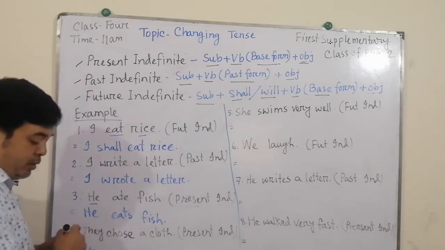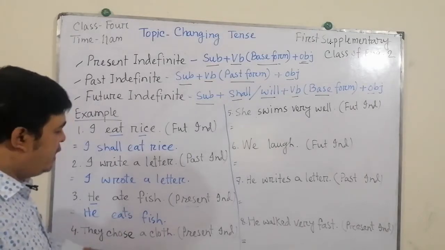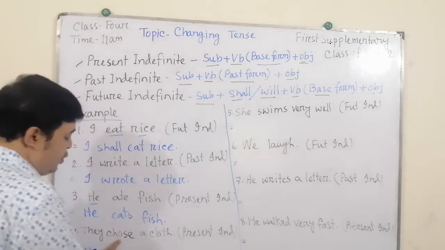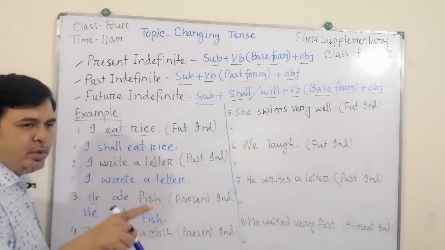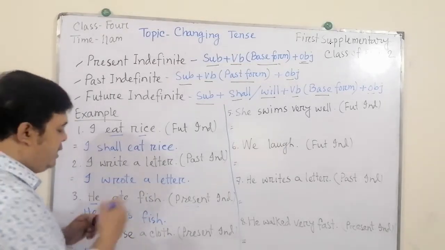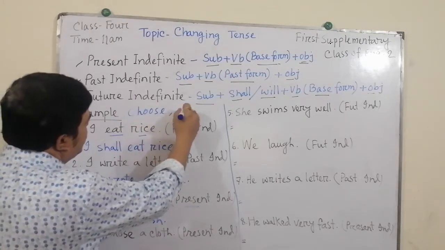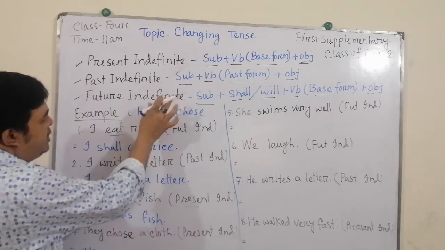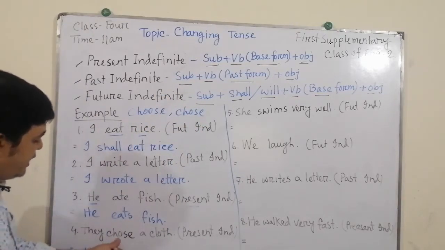They choose a cloth; we have to make present indefinite. Clear? So for this choose, we have to know the forms of choose: choose, chose, chosen. The present form is written C-H-O-O-S-E, and for the past form, the double O is short, so one O will be diminished, and that is the past form.